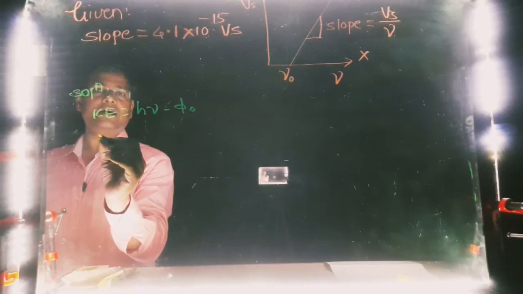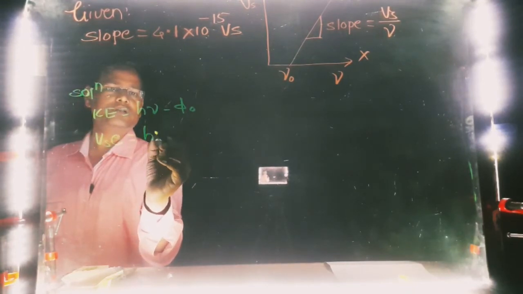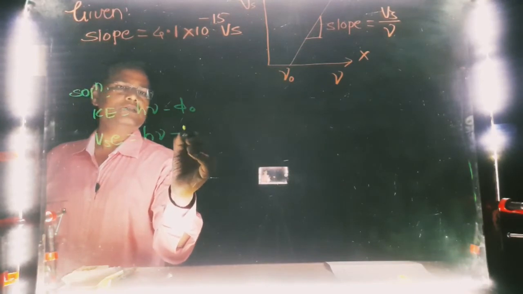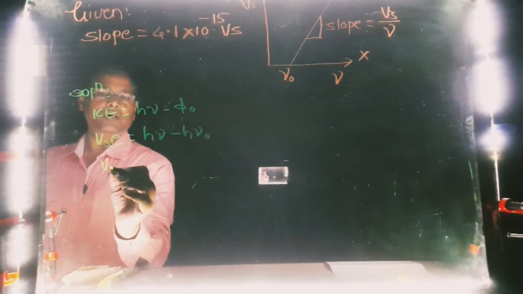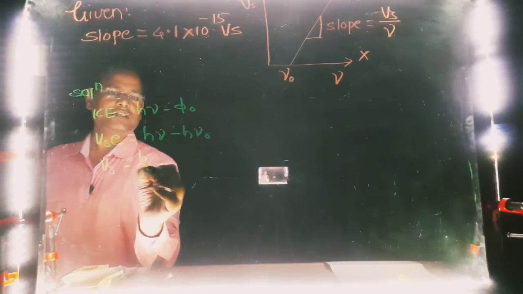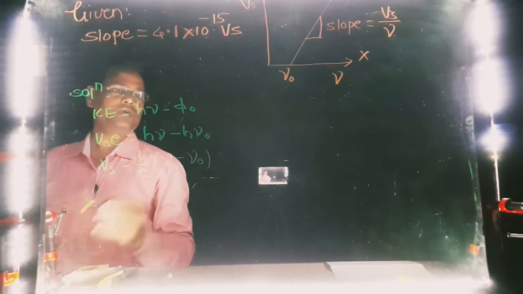So instead of kinetic energy, you can write Vs into E equal to h nu minus h nu 0. So Vs can be written as h by E into nu minus nu 0.